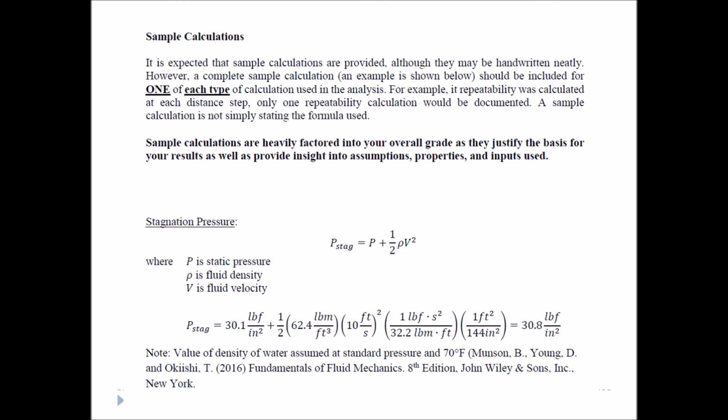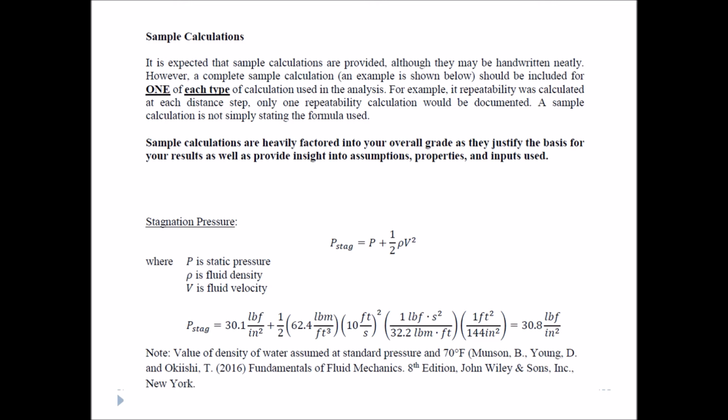So in the bottom half of this slide here you can see what we expect for a complete sample calculation. You can see there a heading telling us what we're going to be calculating. You can see a statement of the formula. You can see any nomenclature described below it, and then you can see the formula written out again, but with your specific values in place of those definitions, okay, with appropriate units as well.